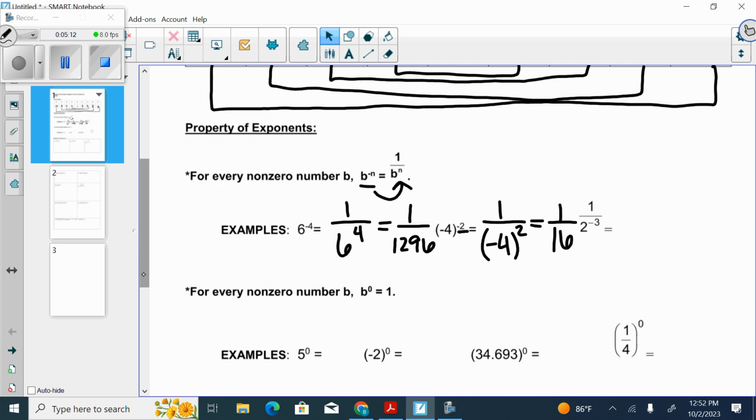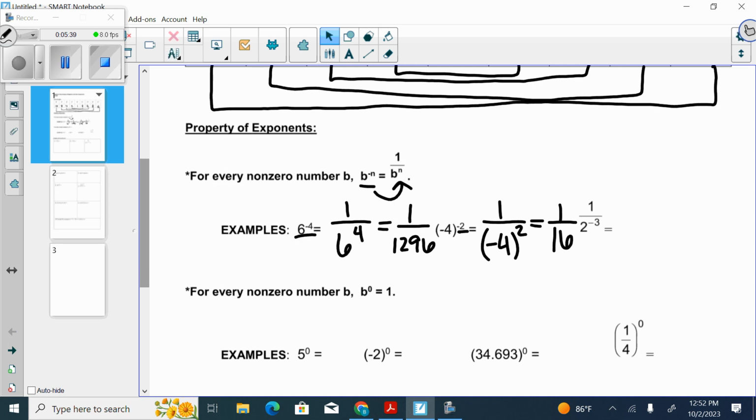All right, and then the last example here in this row, I've got 1 over 2 to the negative 3. So we've got a problem here. It's already in the bottom of the fraction, and it's negative. Okay, so right here, 1 over 2 to the negative third. We said the way we make the exponent positive was to put it in the bottom, right?